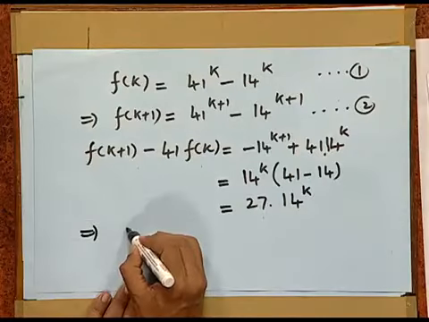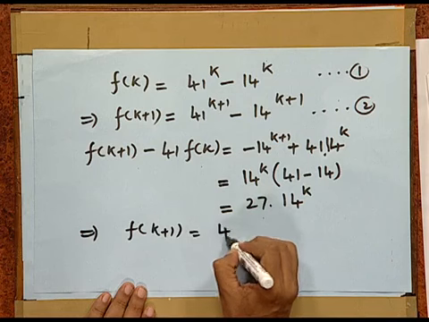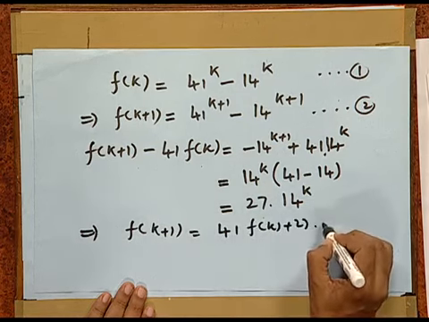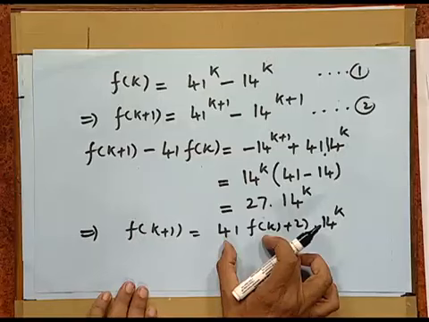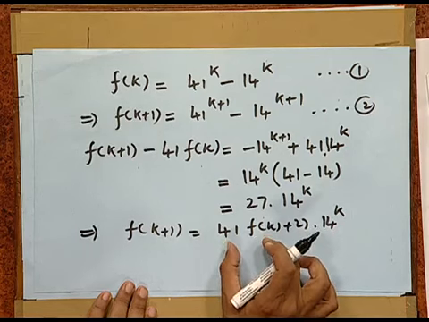This means f(k+1) equals 41 times f(k) plus 27 times 14^k. In the right hand side, the first term is divisible by 27 by our induction hypothesis, while the second term clearly has a factor of 27. So, it is divisible by 27.